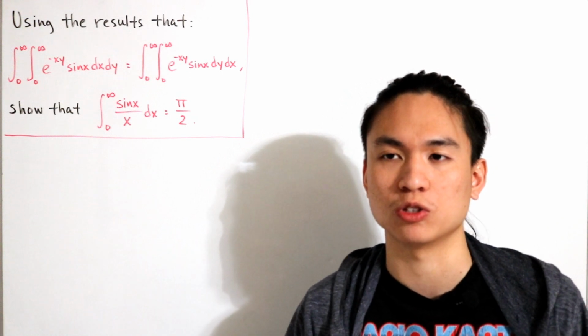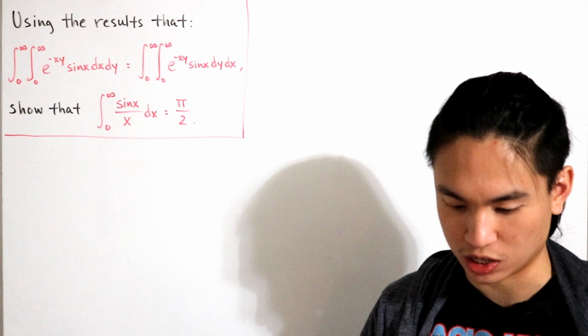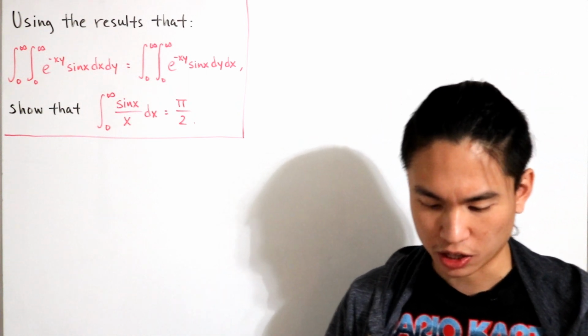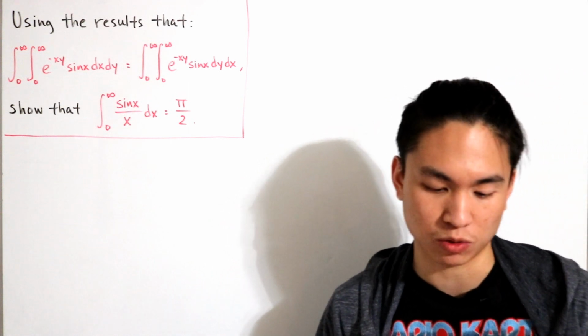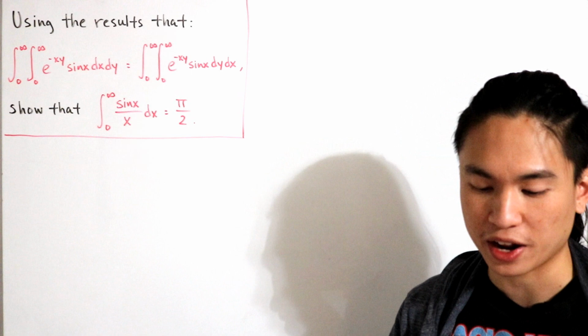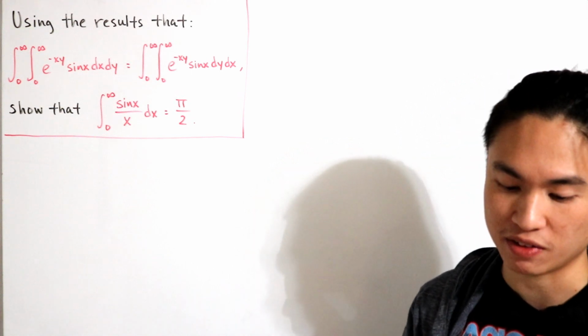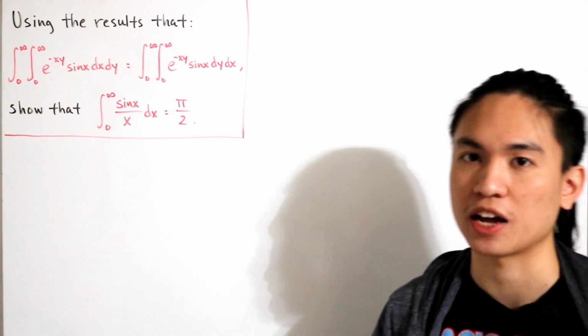You can actually use the Dirichlet kernel, which is a collection of functions, specifically D sub n of x is equal to 1 over 2 pi times the sum from negative n to positive n of e to the i times k times x, where i is the imaginary unit.